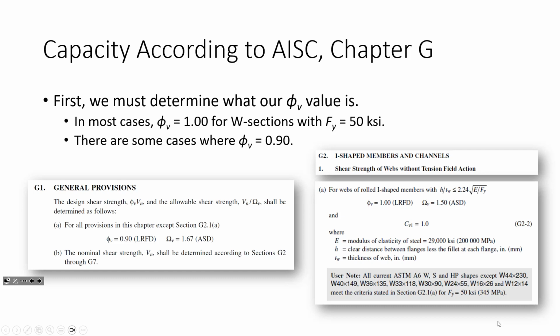So one thing I want everybody to do is turn to page 6, to chapter G. So that is 16.1-70. We're way back in the specification. This is where chapter G starts.